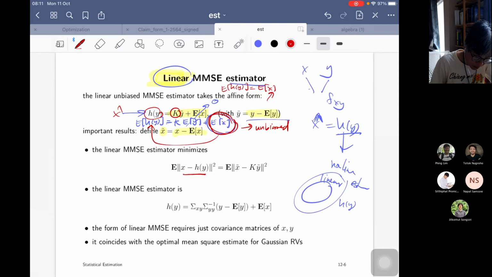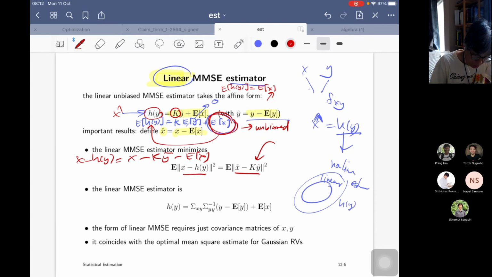So x minus h of y is going to be x minus K y tilde minus E of x, and then that is x tilde minus K y tilde. So you want to choose K so that this term is minimized.